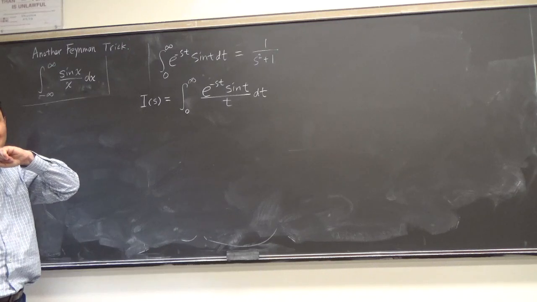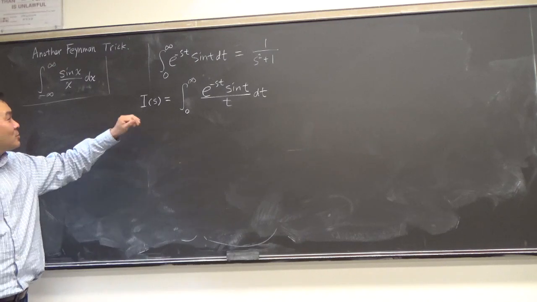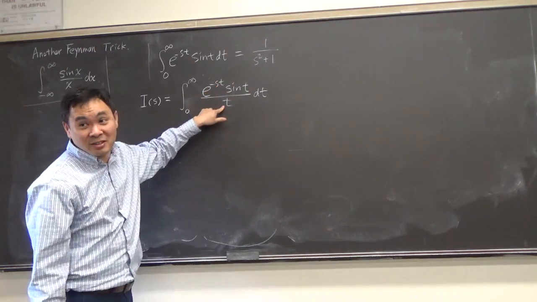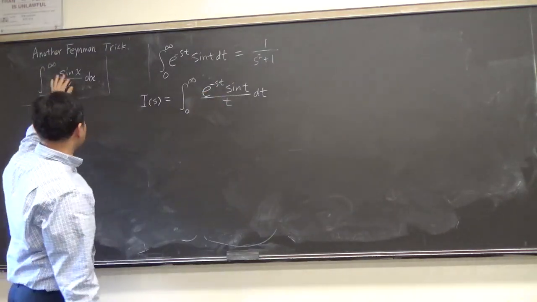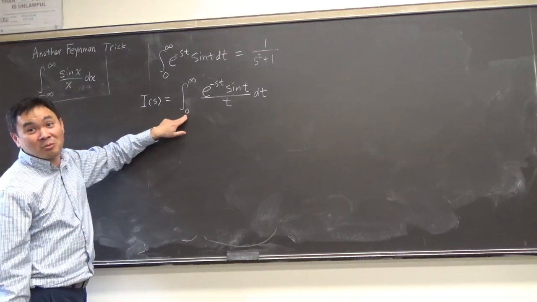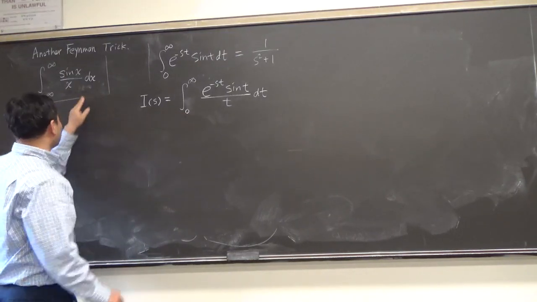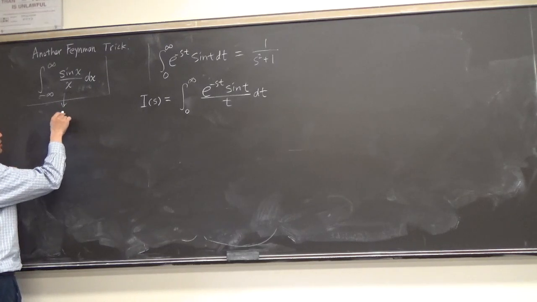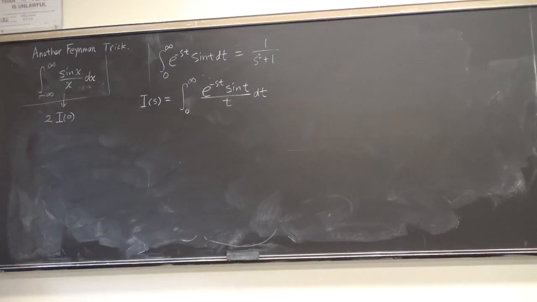It's just multiplied by e to the negative st. If you plug in 0 for s, you get sine t over t. Because this is an even function, you just have to double this value. So if we can figure that out, this will be I of 0 multiplied by 2.